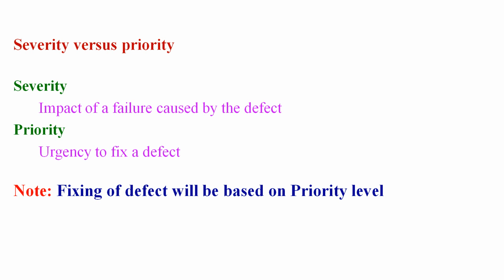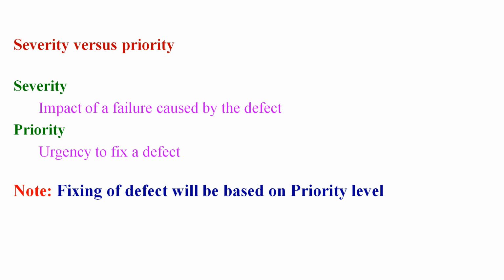If the priority is high for any defect, the defect has to be fixed by the developer within a couple of hours. Like this, the priority level will always indicate the urgency to resolve that defect.